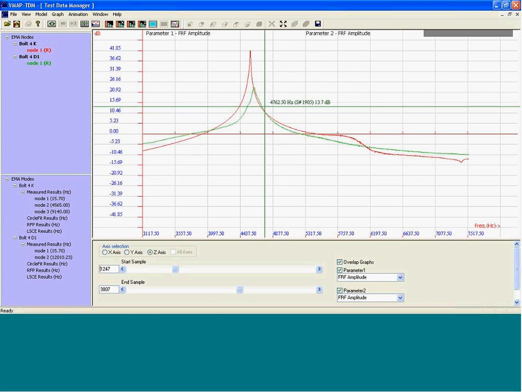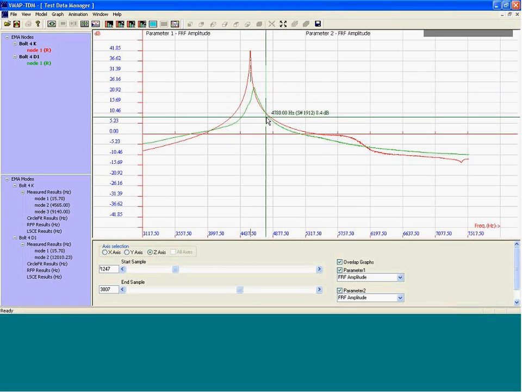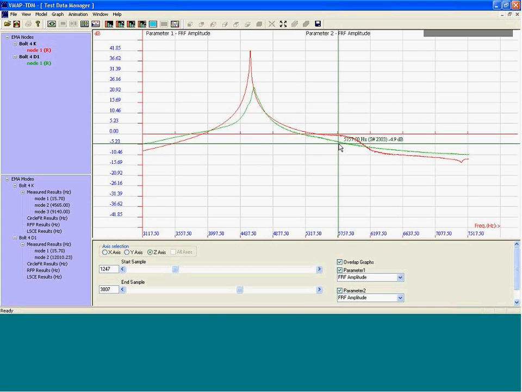Very clearly, damping has been introduced, but there is also a shift in the frequency value between here and this one. So 4,620 hertz. If I do curve fitting, I can get the exact value of 4,615 hertz. In this case, we are looking at a peak of 4,572 hertz. So that's nearly 45 hertz shift in frequency.